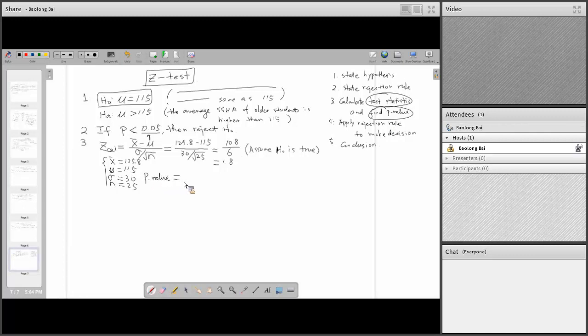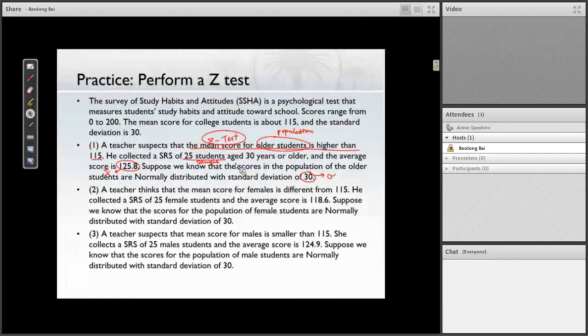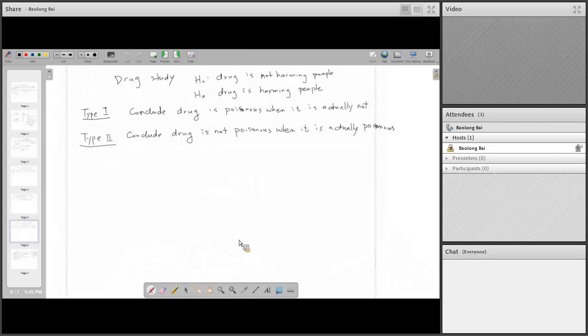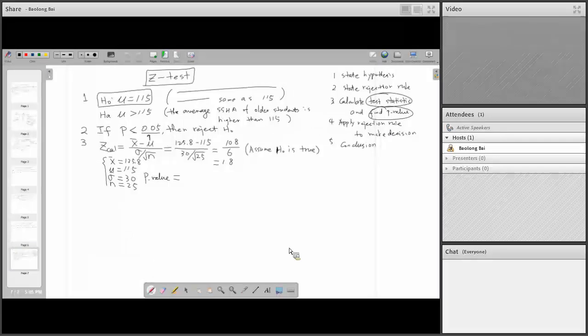So we just talked about the p-value definition. The p-value will depend on what kind of alternative hypothesis you have, right? When you have a greater than sign, smaller than sign, or not equal sign, the p-value will take a different form of z event, right? It doesn't matter which z event we're looking for, we can always look it up from the z table, right? So now let's look at what our p-value is.